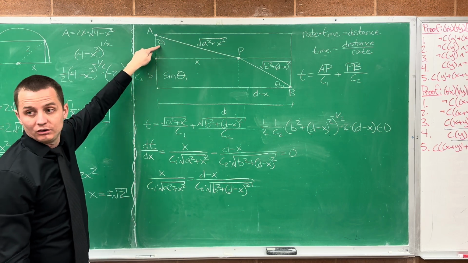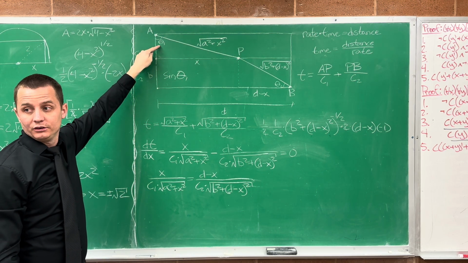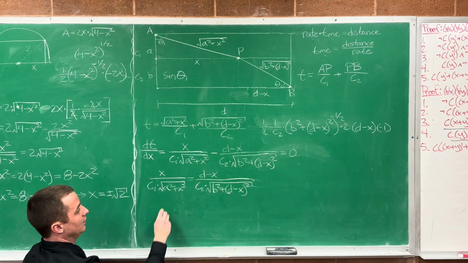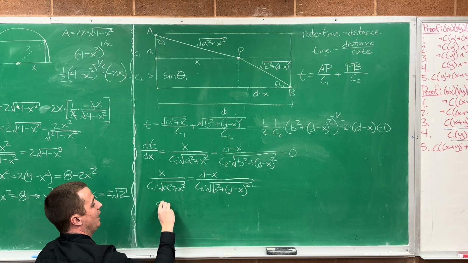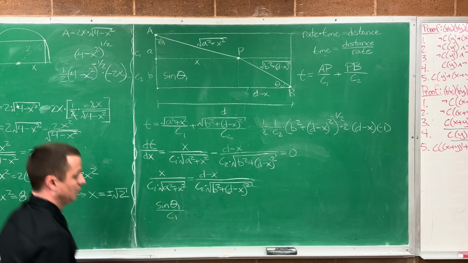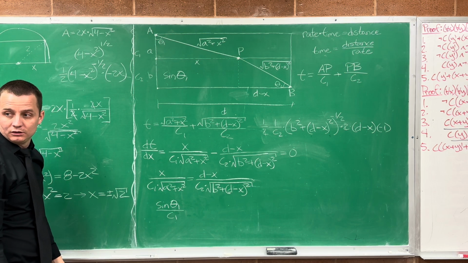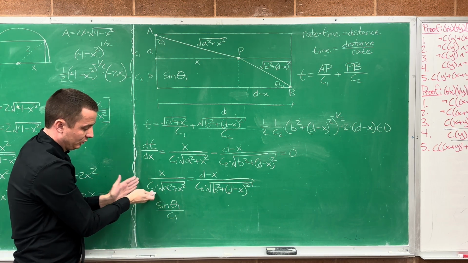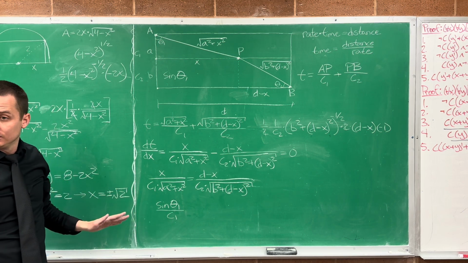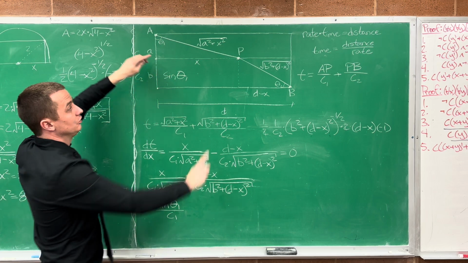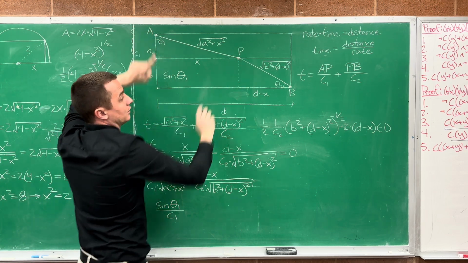That's the sine of this angle. So, besides the c1, that piece is just sine of theta 1 times 1 over c1. Because x over that is just sine of theta 1, and then we still have c1 in the denominator. You see it? Sine of this angle is just this over that.